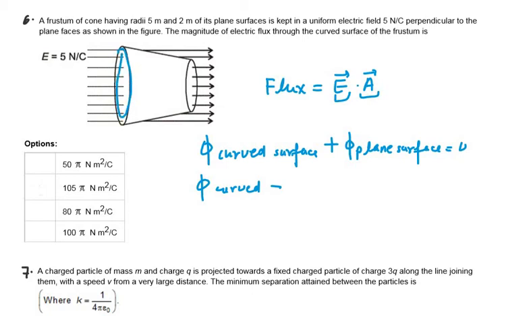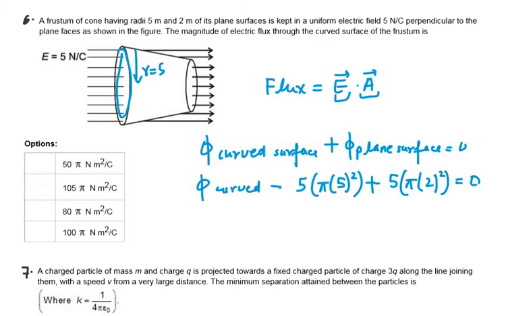So for the first one it will be minus 5 pi r square. So radius for this is 5. So it will be pi r square, that will be pi 5 square. Now we will be adding here because minus plus is minus, sorry, minus is plus. So it will be 5 pi r square, that will be pi 2 square, equals 0.